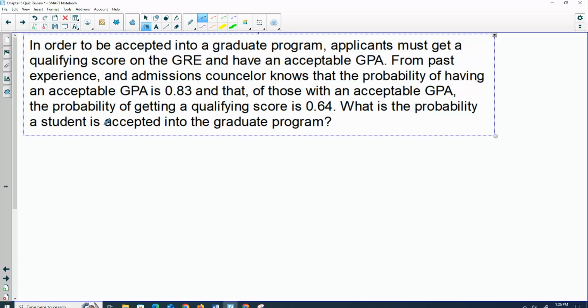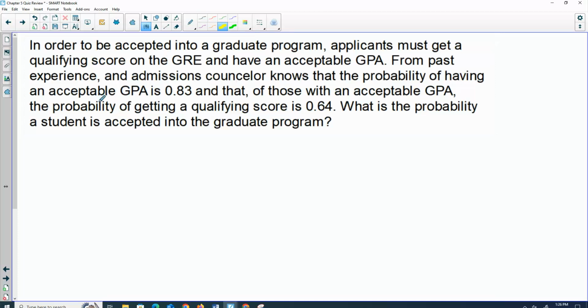In order to be accepted into a graduate program, applicants must get a qualifying score on the GRE and have an acceptable GPA. From past experience, the admissions counselor knows that the probability of having an acceptable GPA is 0.83.